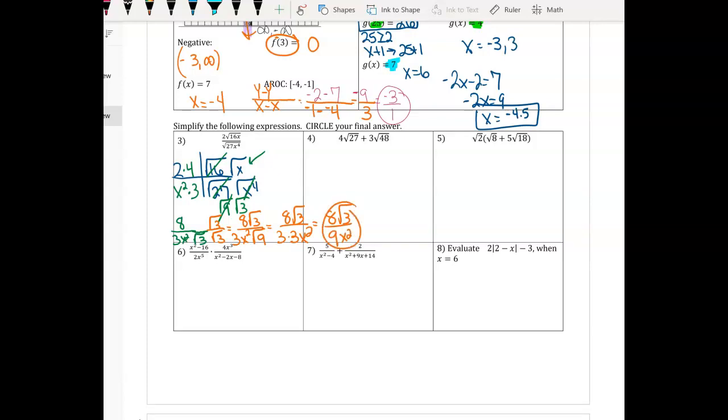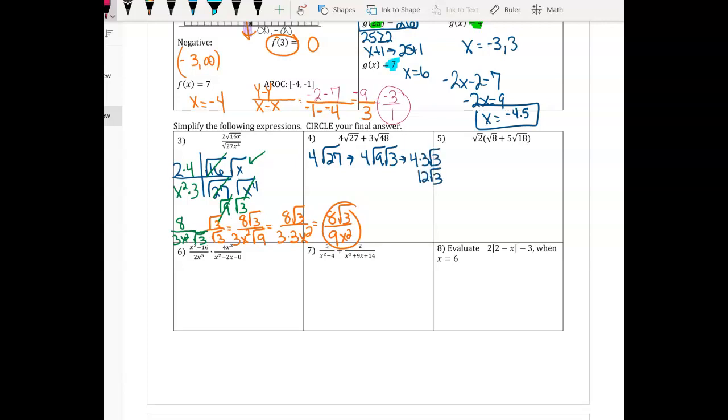All right, the next one, we're going to take adding, subtracting, really picky. We need like terms. So I'm going to take the 4 square root of 27, and I'm going to break it into 4 root 9 root 3, which becomes 4 times 3 root 3, which is 12 root 3.